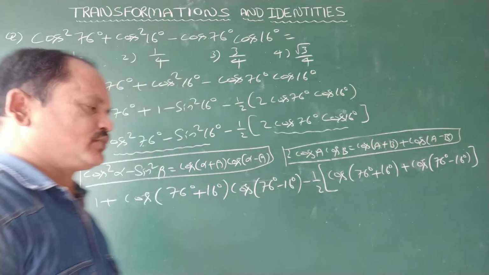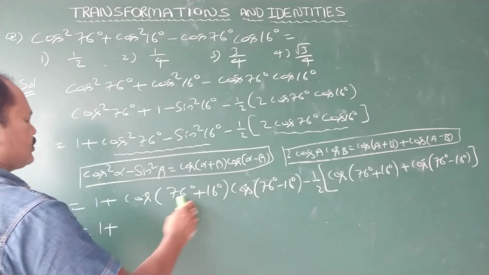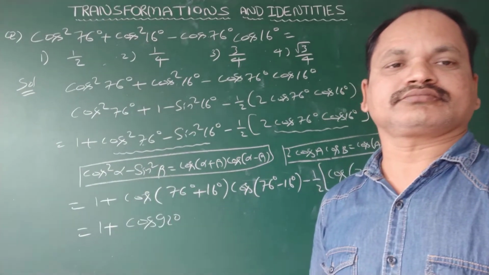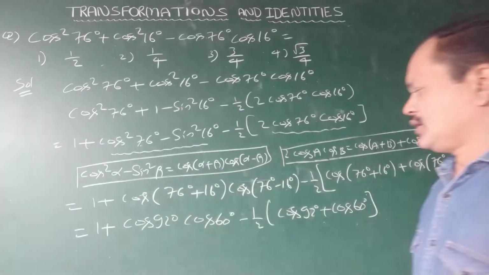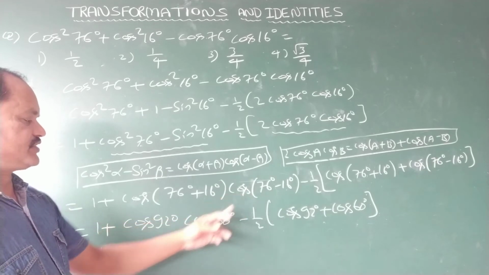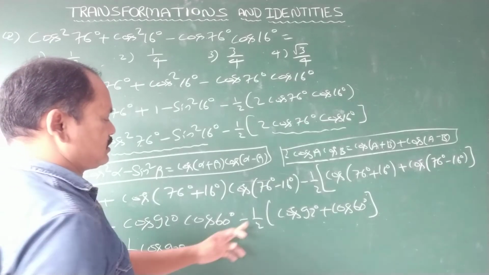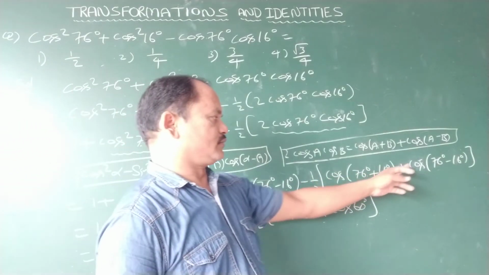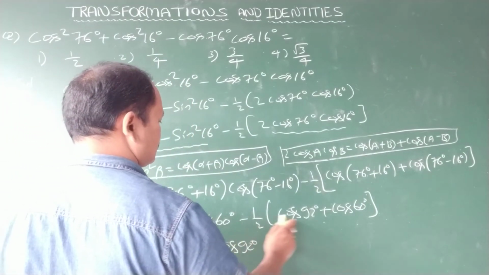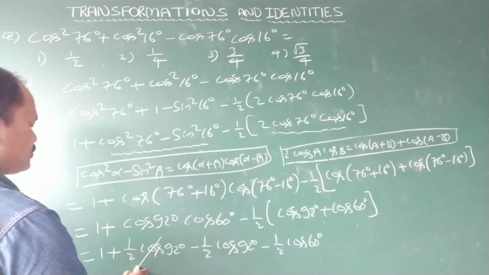Now from this, this is 1 plus cos 92 degrees into cos 60, and cos 60 is 1 by 2, so 1 by 2 cos 92, minus 1 by 2 cos 92 minus 1 by 2 cos 60 degrees. Now these two get cancelled.